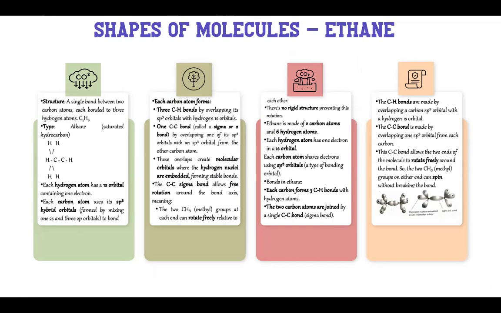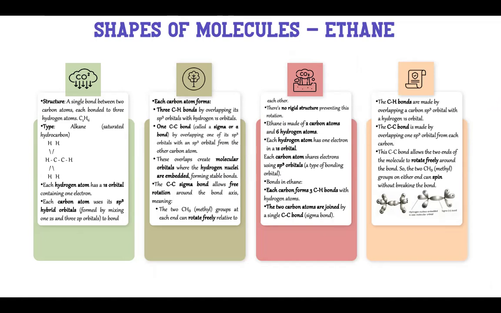And second, there is one C-C bond, which is called a sigma bond, formed by overlapping one of its sp3 orbitals with an sp3 orbital from the other carbon atom. This overlap creates a molecular orbital where the nuclei are embedded, forming a stable bond.